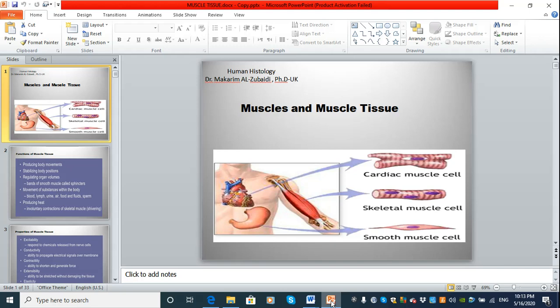So the essential characteristic for cardiac muscle is that it must be unique and automatic in its work. All three muscles have to convert chemical energy into mechanical work and movement.